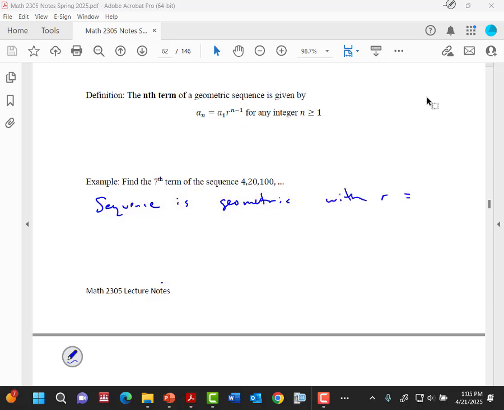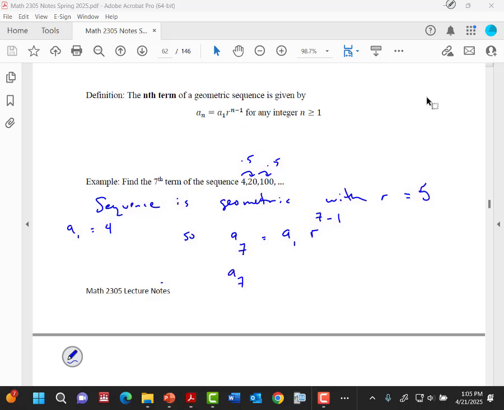With r equaling, well, let's check. How do I get from 4 to 20? Times 5. From 20 to 100? Times 5. So the common ratio R is 5, and A1, the first term, is 4. So I desire A sub 7, which would be A1 times R to the 7 minus 1.